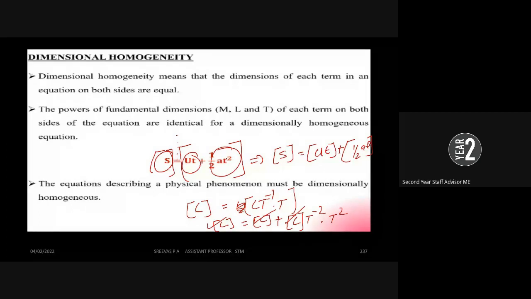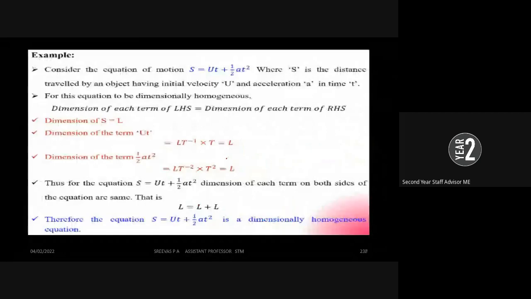Every equation should satisfy dimensional homogeneity. Okay. So I have explained here how these dimensions become equal for LHS and RHS. We are considering this equation, that is UT plus half AT square, for determining the displacement.